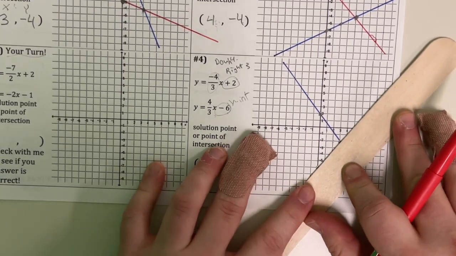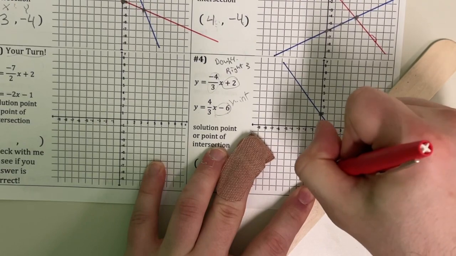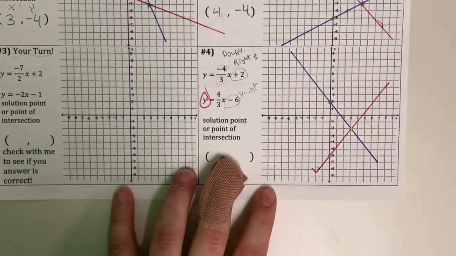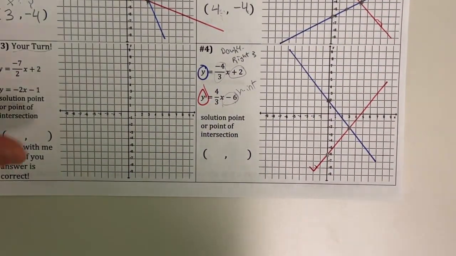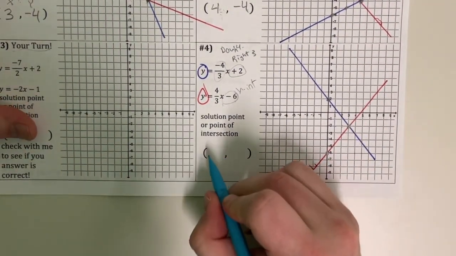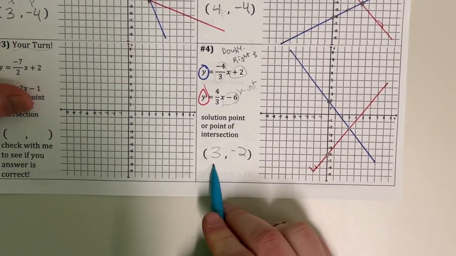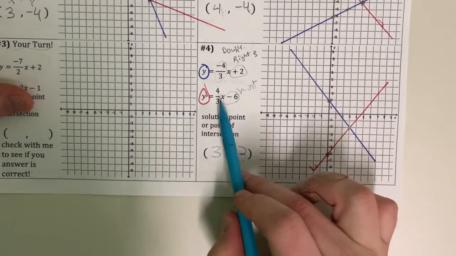Again, make sure that it's nice and easy for yourself. Make sure it goes through those 2 points. Okay, let me make sure I label those like so. And then, what's going to be that point of intersection? Well, it's going to be the point (3, negative 2). So when x is 3, the y value would be negative 2 for both of these equations.